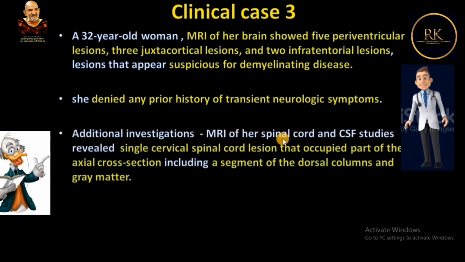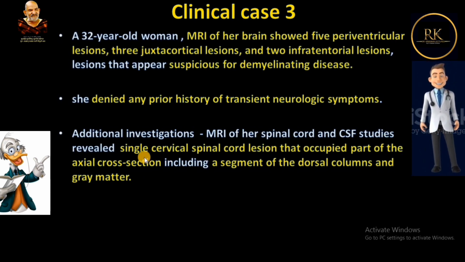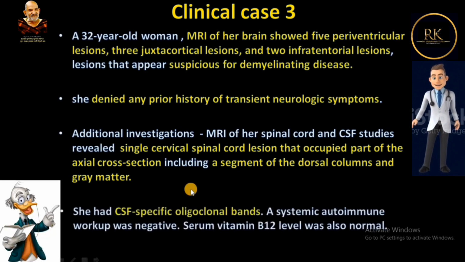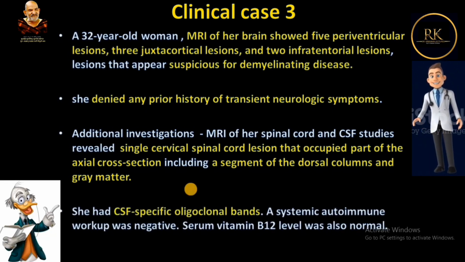Additional investigations, MRI of her spinal cord and CSF studies, revealed a single cervical spinal cord lesion that occupies part of the axial cross section, including a segment of the dorsal columns and gray matter. She had CSF-specific oligoclonal bands and a systemic autoimmune workup was negative. Serum vitamin B12 was normal. So, what is your diagnosis at this point of time?